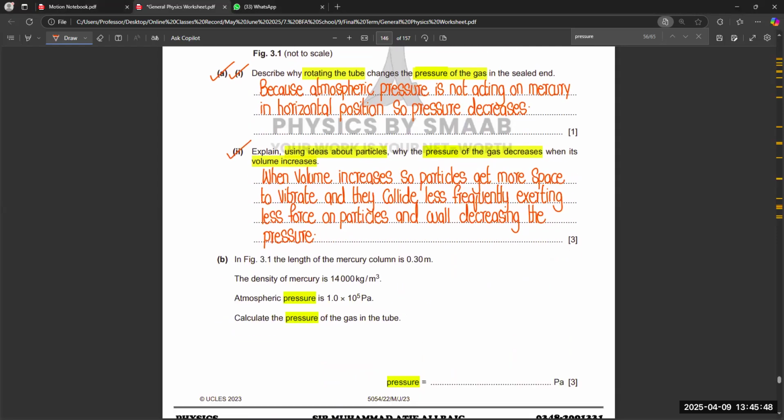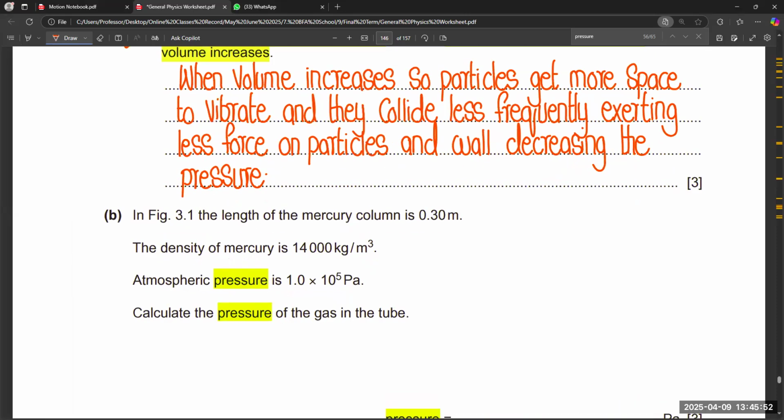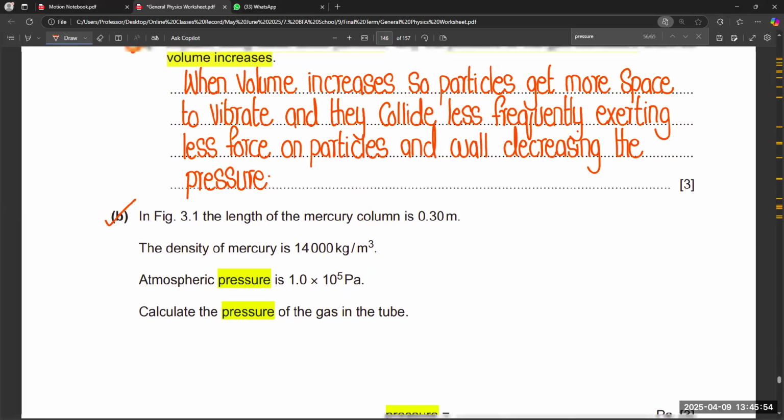Okay. B part is: in figure 3.1, the length of the mercury column is 0.3 meter. The density of mercury is 1400 kg per meter cube. Atmospheric pressure is also given.